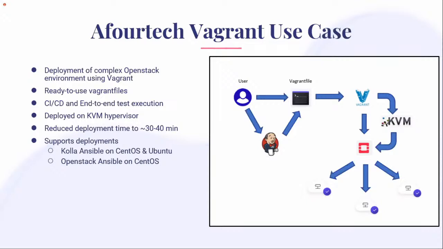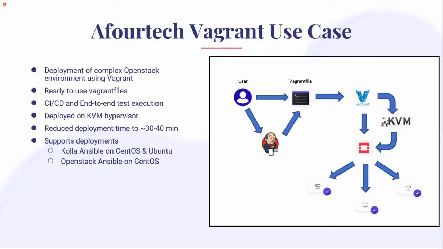We use the KVM hypervisor for this, and it uses the Kolla Ansible way of deploying OpenStack on CentOS. We will show a demo shortly in the next slide. It also supports the Kolla Ansible deployment on Ubuntu and, of course, OpenStack Ansible deployment on CentOS.